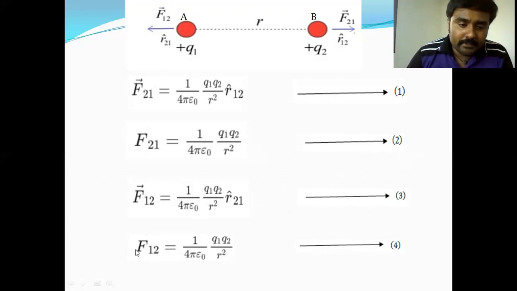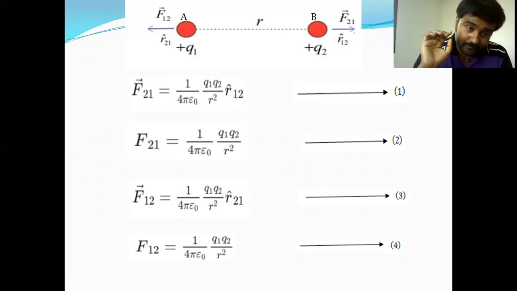The magnitude of the F12 vector, F12, is 1 divided by 4 pi epsilon naught, Q1 Q2 divided by R square, and the magnitude of R21 cap is just 1. So comparing equation 2 and equation 4, what is your conclusion?